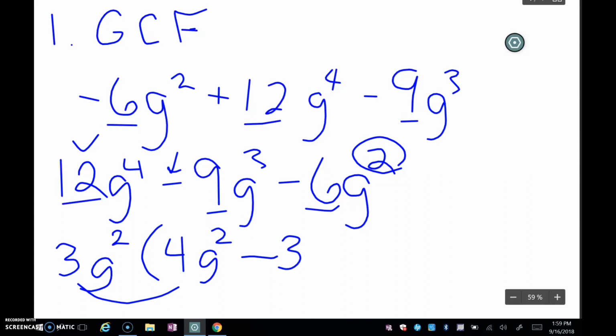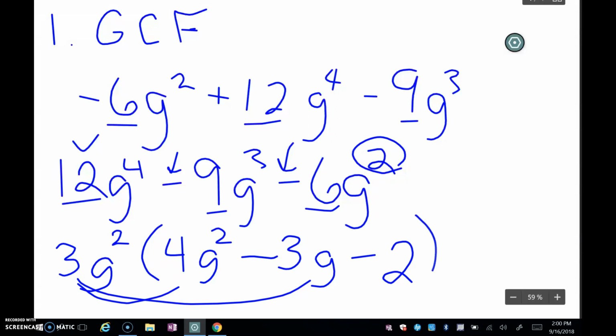I factored out 2 g's and I need 3, so I need 1 more. If you multiply 3g squared times 3g, that gives you the minus 9g to the third. Now write my minus down again, and I need to get 6. So 3 times 2 is 6, and I need g squared, but I've already got a g squared, so that's all I need to write down. So 3g squared times -2 does give me the -6g squared.